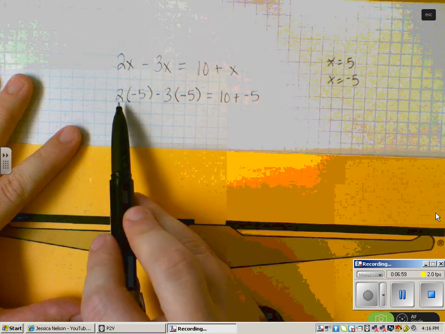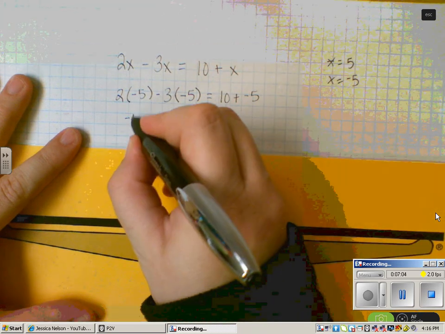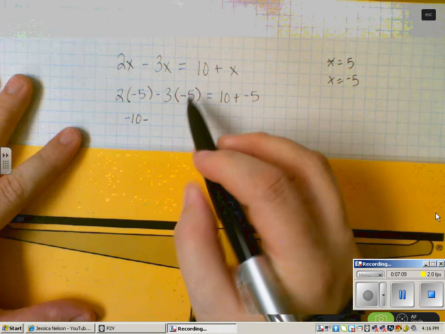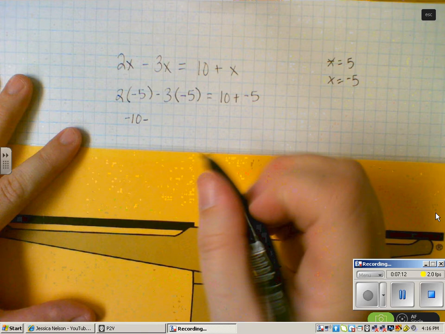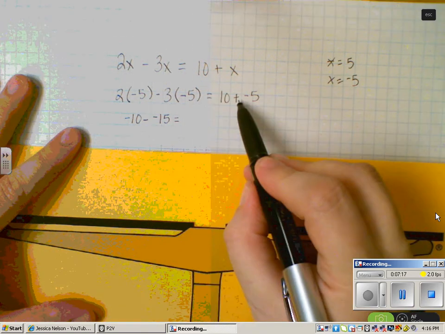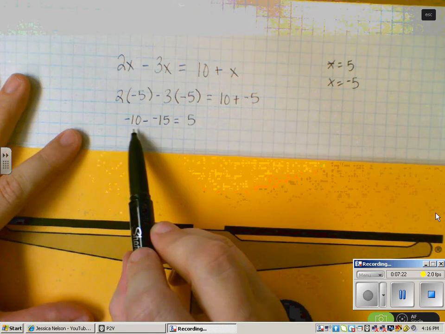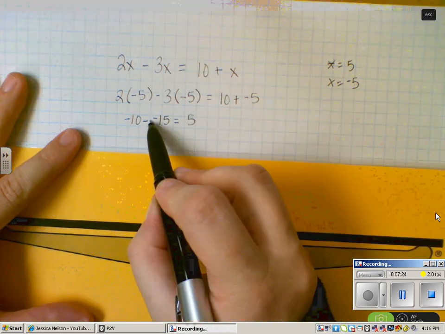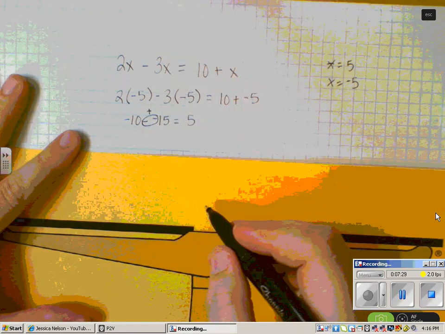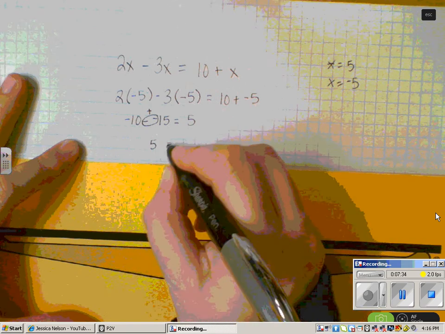Order of operations, I do multiplication first. 2 times negative 5 is negative 10, minus, bringing that operation down, 3 times negative 5 is negative 15, equals 10 plus a negative 5 will leave you with 5. Then finish out our left-hand side. This minus a negative turns into an addition. Negative 10 plus 15 gives you 5 equals 5.